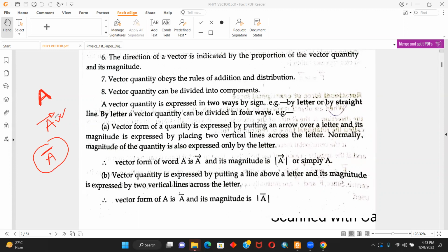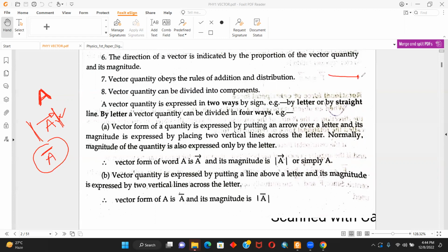Whenever you are telling that this is the magnitude or absolute value of a vector, you put a modulus sign. Let me give you an example.